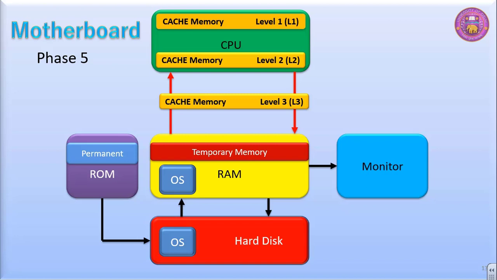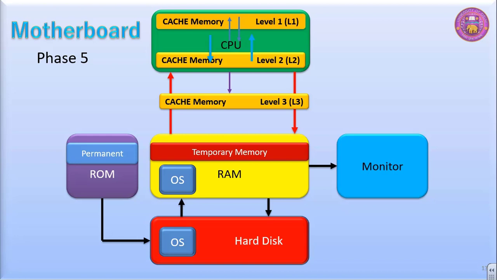How does it function? The CPU will look for the instruction first in L1 and fetch it. If it is not there, the CPU will look into L2 and fetch the required instructions. If it is not there, the CPU will look into L3, which is in between RAM and CPU.